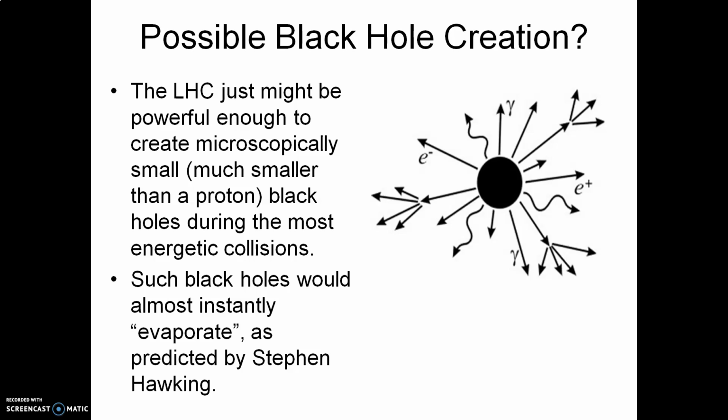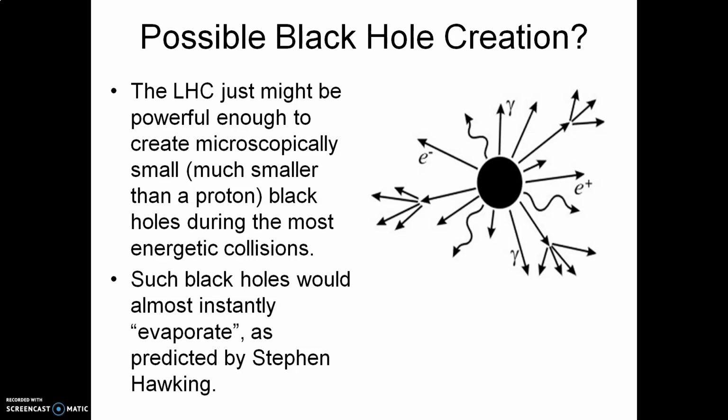The famous British physicist Stephen Hawking, back in the 1970s, discovered that black holes are actually not quite so black. For pretty complicated reasons, they actually give off a little bit of radiation called Hawking radiation, and their mass decreases as a result. So, if we do create microscopically small black holes within the LHC, once again much smaller than a proton, they would almost instantly evaporate, giving off this radiation.